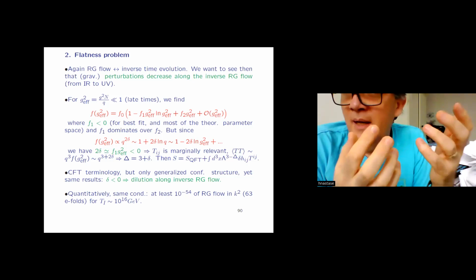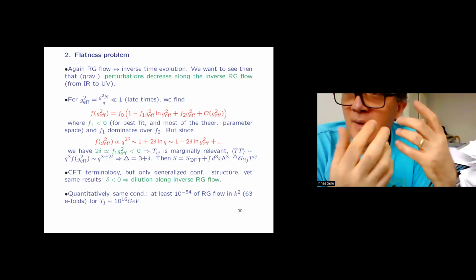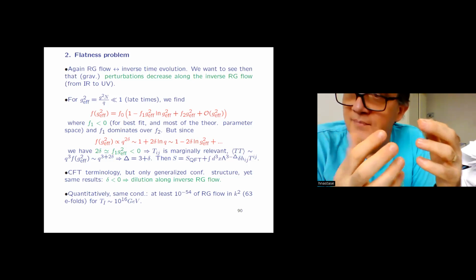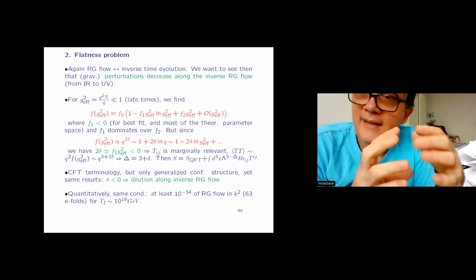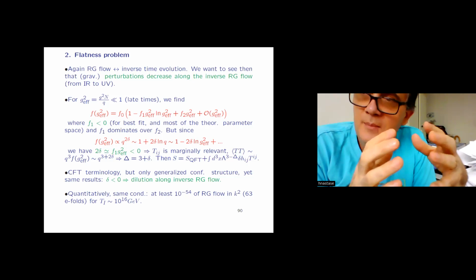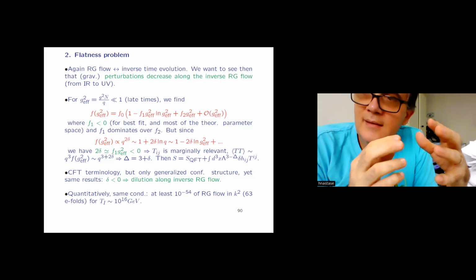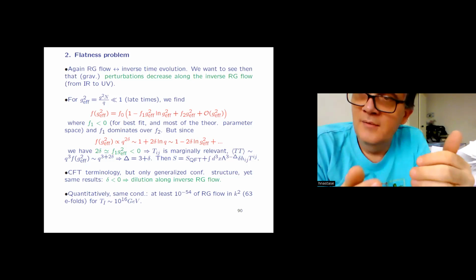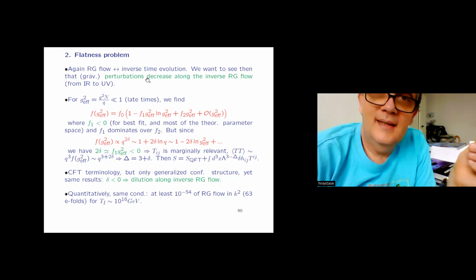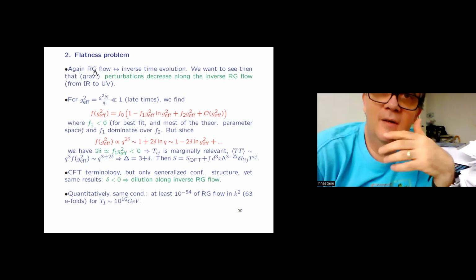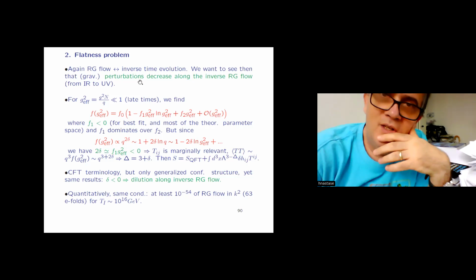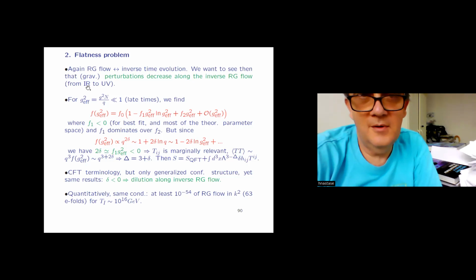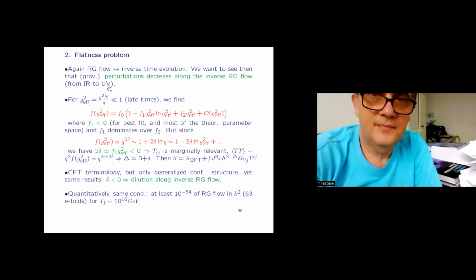Well, we said omega minus 1, but we can think of omega minus 1 as some sort of perturbation from omega equal 1. So this gravitational perturbation should decrease along time evolution, and as we said, time evolution is inverse RG flow. So the perturbations should decrease along the inverse RG flow. Inverse RG flow is from IR to UV.